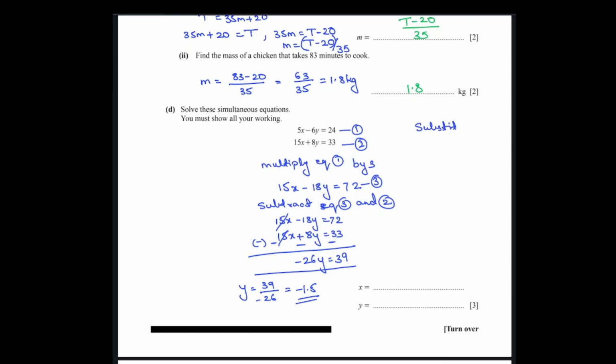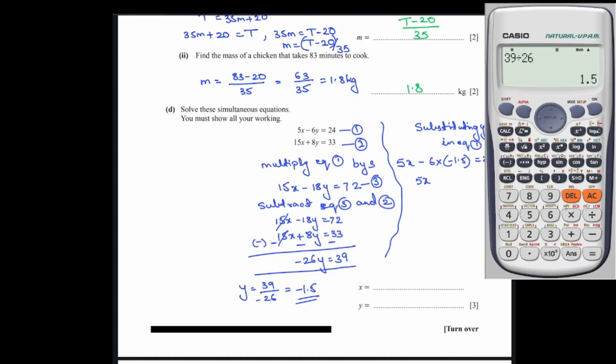Substituting y is equal to minus 1.5 in equation 1. So 5x minus 6y, 6 into minus 1.5, is equal to 24. So 5x minus 6 into minus 1.5 becomes plus, find out how much it is, 1.5 into 6, 9.